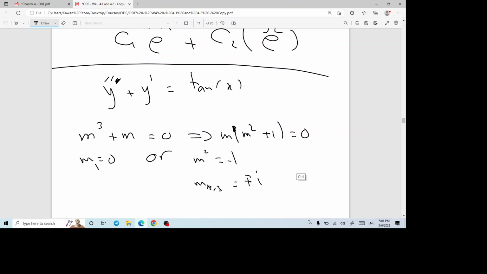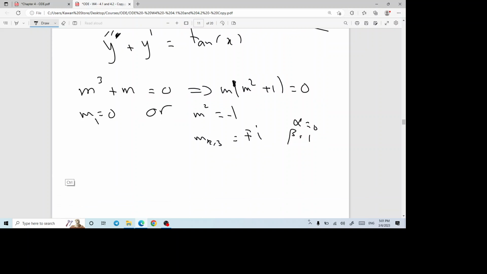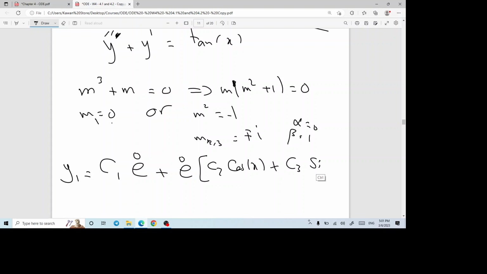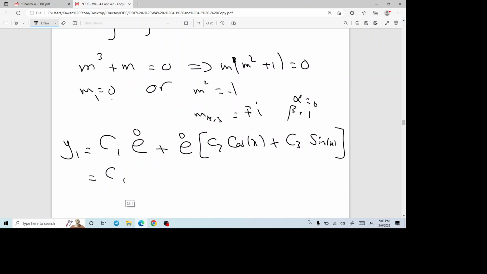Where's alpha? Where's beta? So yc is equal to what? C1 e to the power 0 plus e to the power 0 C2 cosine x plus C3 sine of x. Then C1, C2, C3.